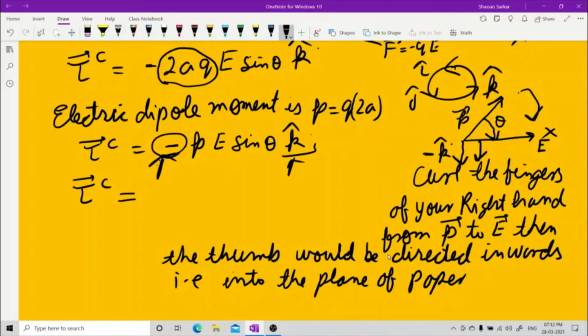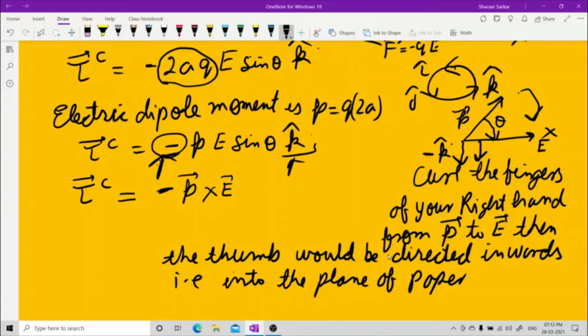This is basically, you can take it in this sense, you can write it as minus P cross E. Just see one thing what I'm trying to do.